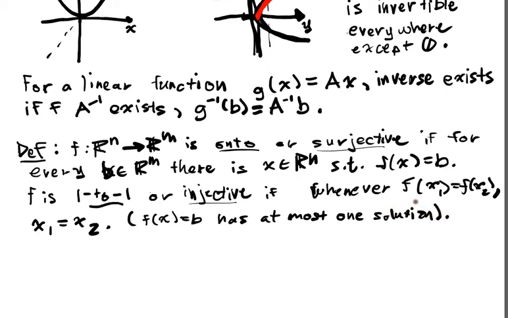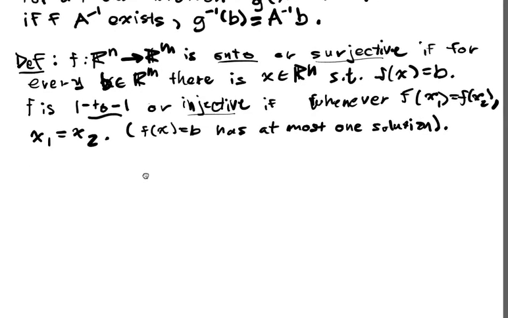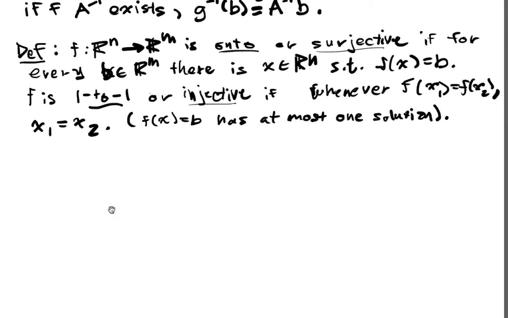We characterized when linear maps are onto or injective. But now we're going to talk about nonlinear things, and we don't get global injectivity or global surjectivity. We have to talk about things in terms of local injectivity and local surjectivity.